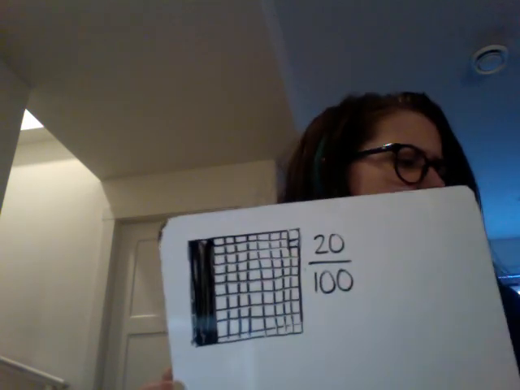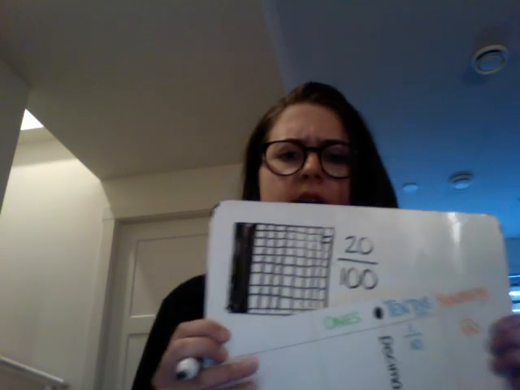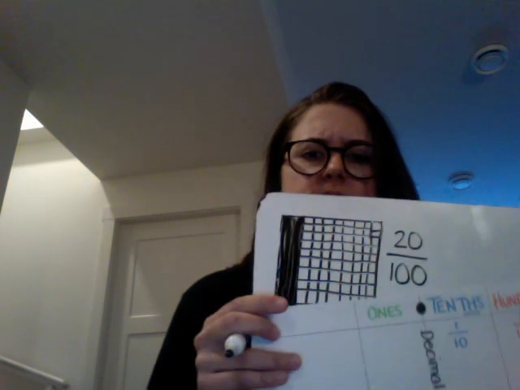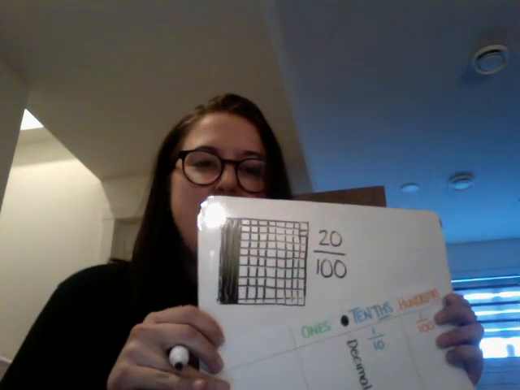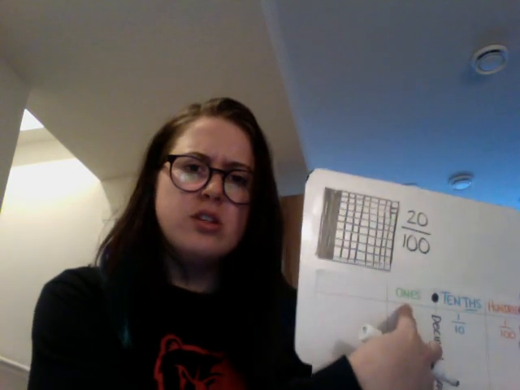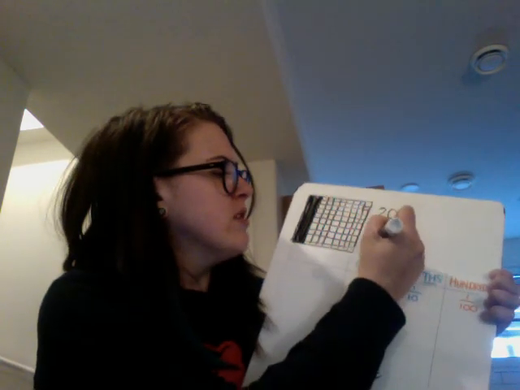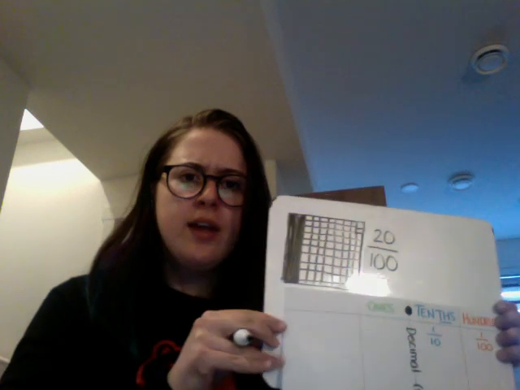So when I am writing this as my place value, I need to think about how I'm going to write this as a decimal, okay? My first question is, do I have any wholes? Do I have any squares that are completely colored in? I don't, so I'm going to put my 0, okay?